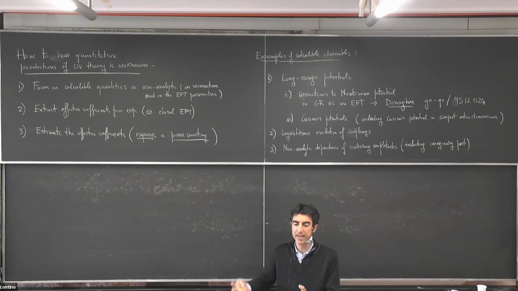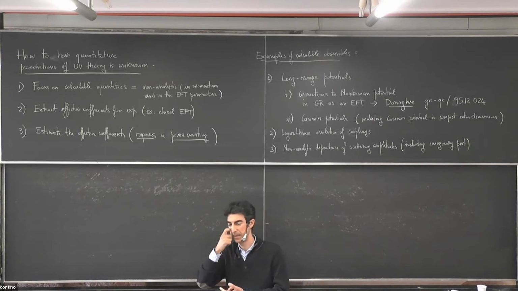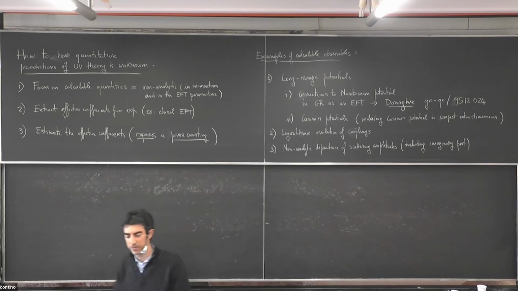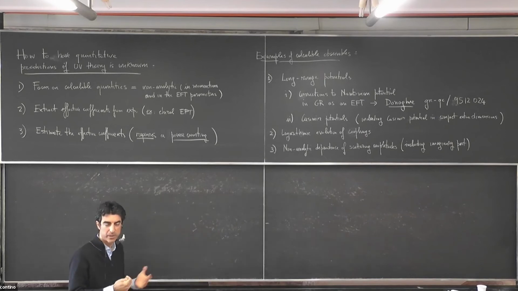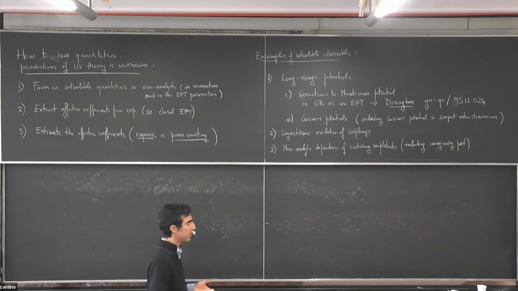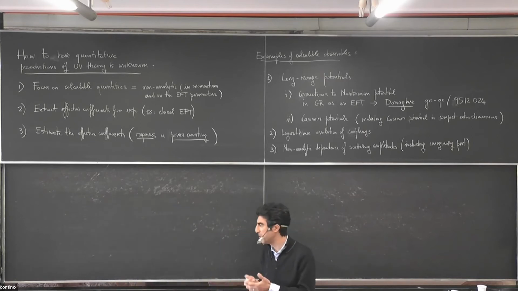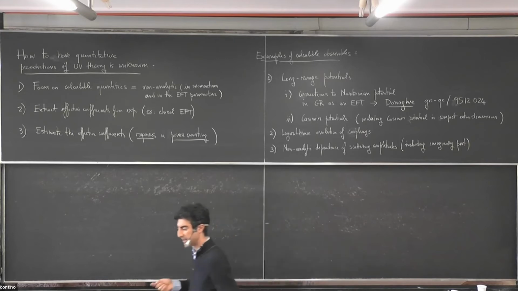But then how many scales do you have? There is the mass of the top, the mass of the W, the mass of the Z. There are several physical scales which characterize the full theory, and several couplings. So you have to make some assumption.